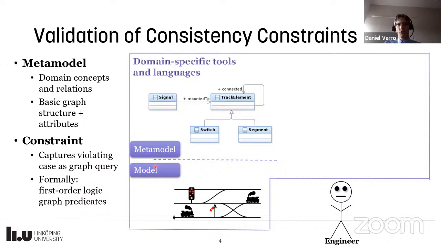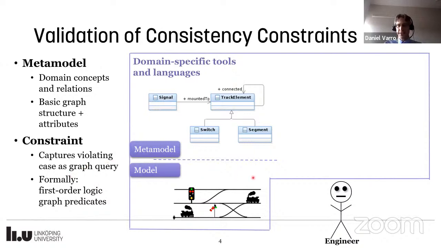And then further constraints of the domain can be captured by graph patterns or graph queries. Formally, we will be using a fragment of graph predicates which converges to first order logic, as we know for a long time along various results in the graph transformation community.